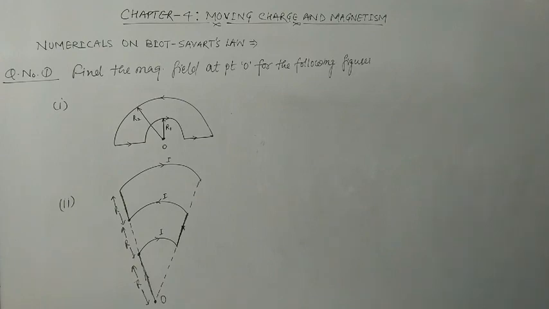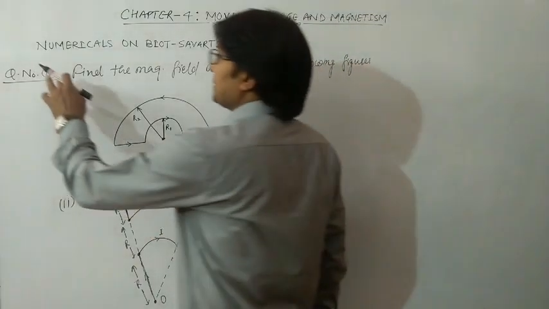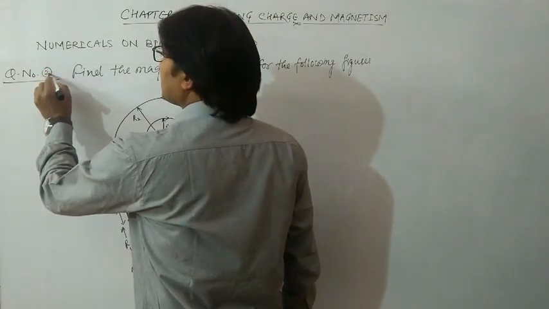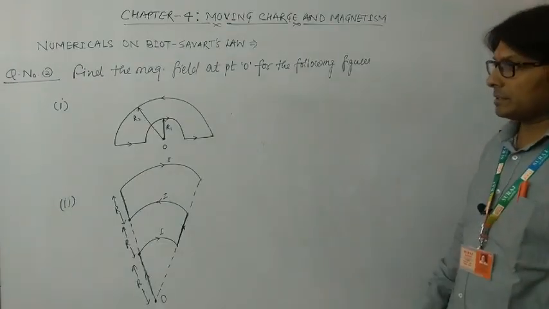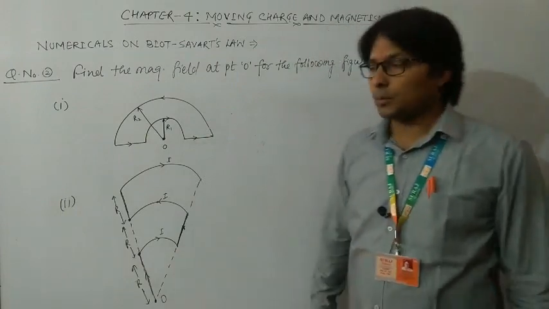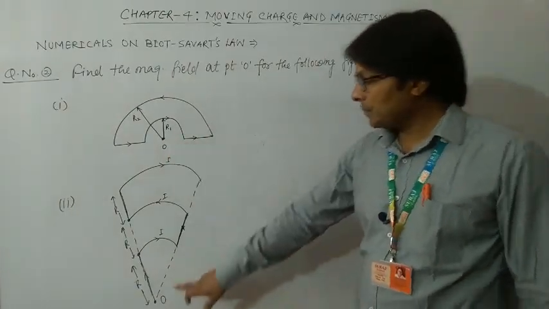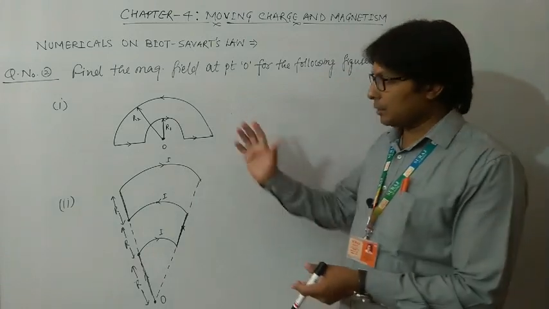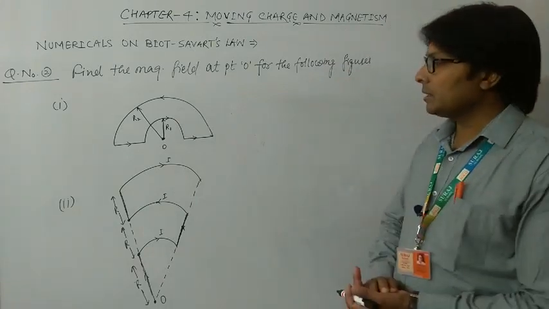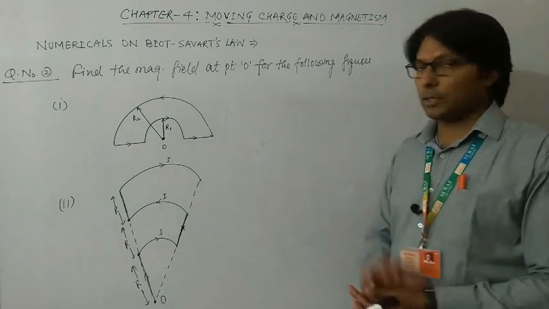Next question we are going to discuss is question number 2. Find the magnetic field at point O for the following figures, figure 1 and figure 2. And these are the point O at which we have to find out the net magnetic field due to these current carrying loops.